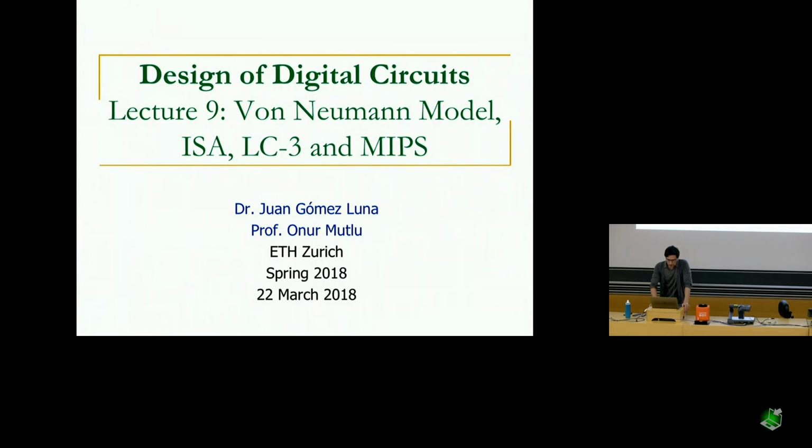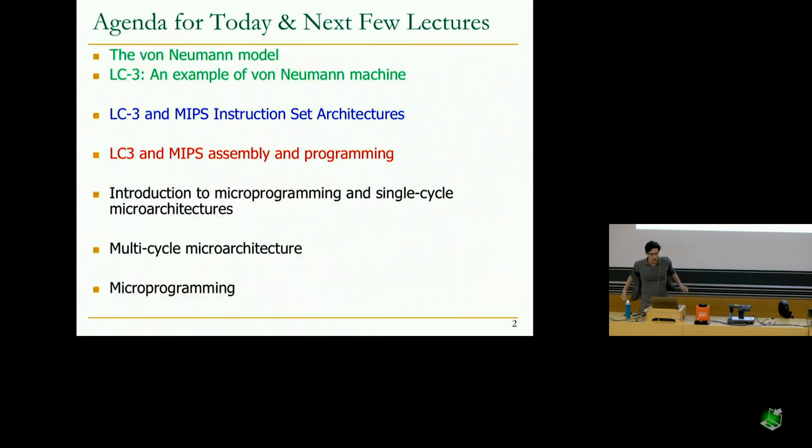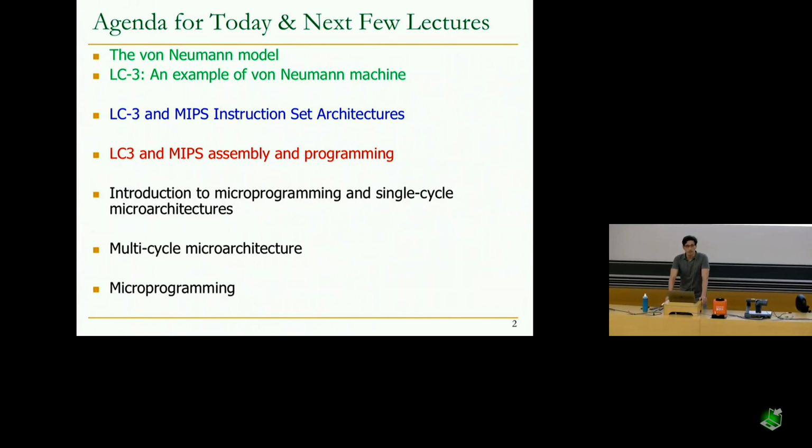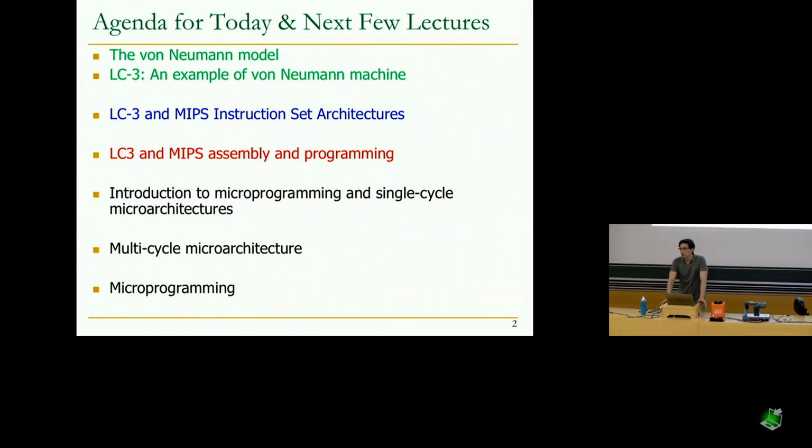So this is the agenda for today, for tomorrow, and for the next few lectures. As I said, today we are going to cover the von Neumann model, which is, let's say, the most basic model of a computer, also the most popular.